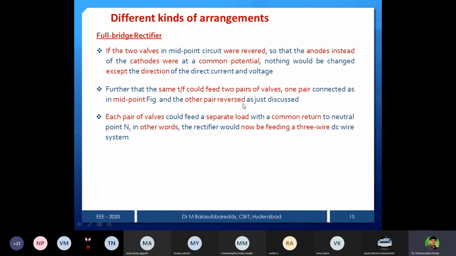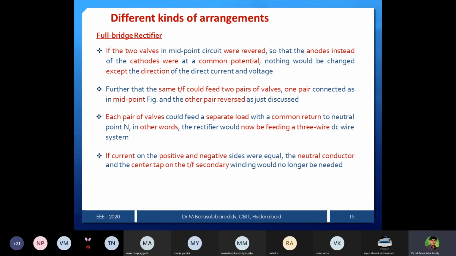Each pair of valves could feed a separate load with a common return, because in the diagram we have taken a neutral point, that is point n. In other words, the rectifier would now be feeding a 3-wire DC system, because we are connecting at the midpoint.